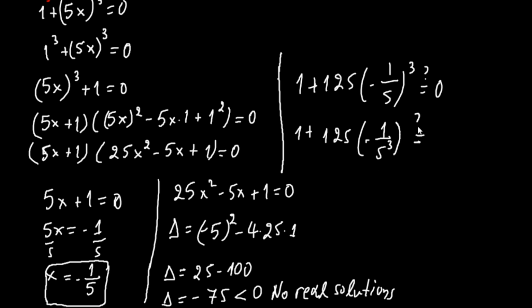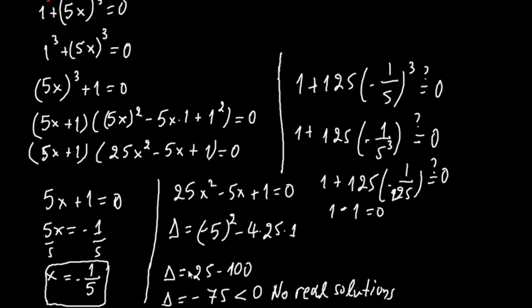This equals 0. 1 plus 125, this fraction is minus 1 over 5 to the third, so it's minus 1 over 125. So this is minus 1. So here we have 1 minus 1 equals 0. So our solution is right.